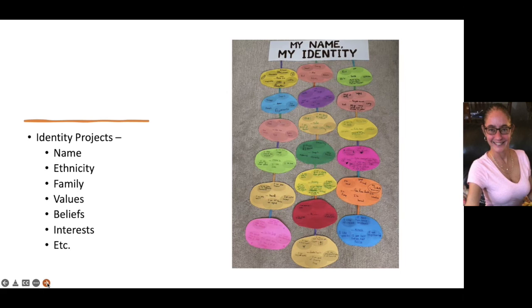So there's one little activity, and I think it's really interesting to do it for the L1 name, and if there is an L2 name, what's the difference between them? It's kind of a fun exploration for students. And if the student doesn't have an English name and their English classroom name is their L1, what does that mean for them in their L2 identity, right? It's all meaningful and very, very interesting to unpack and explore those things.